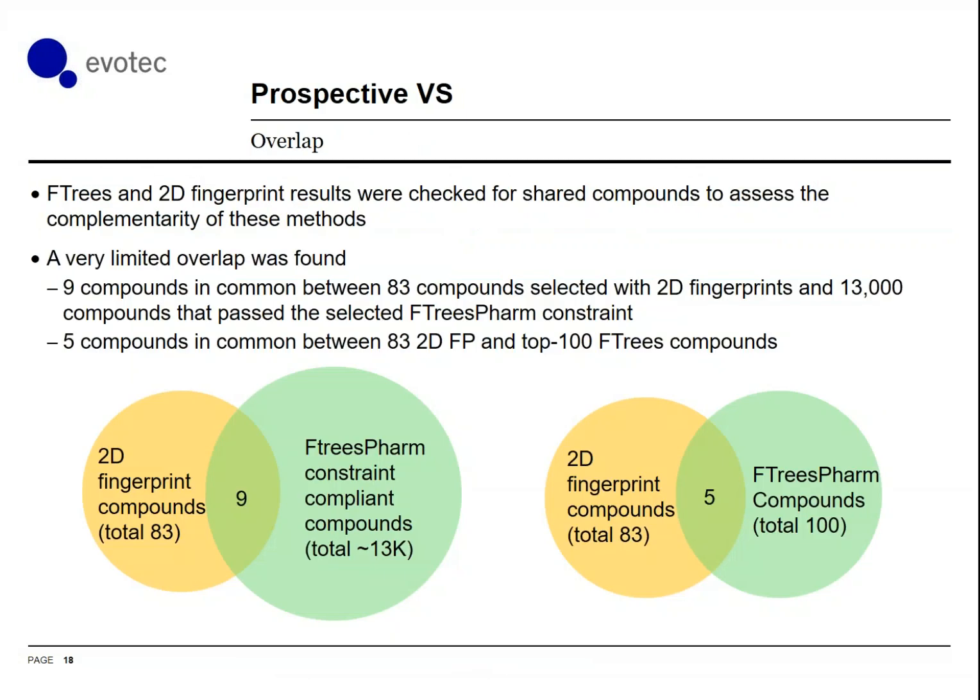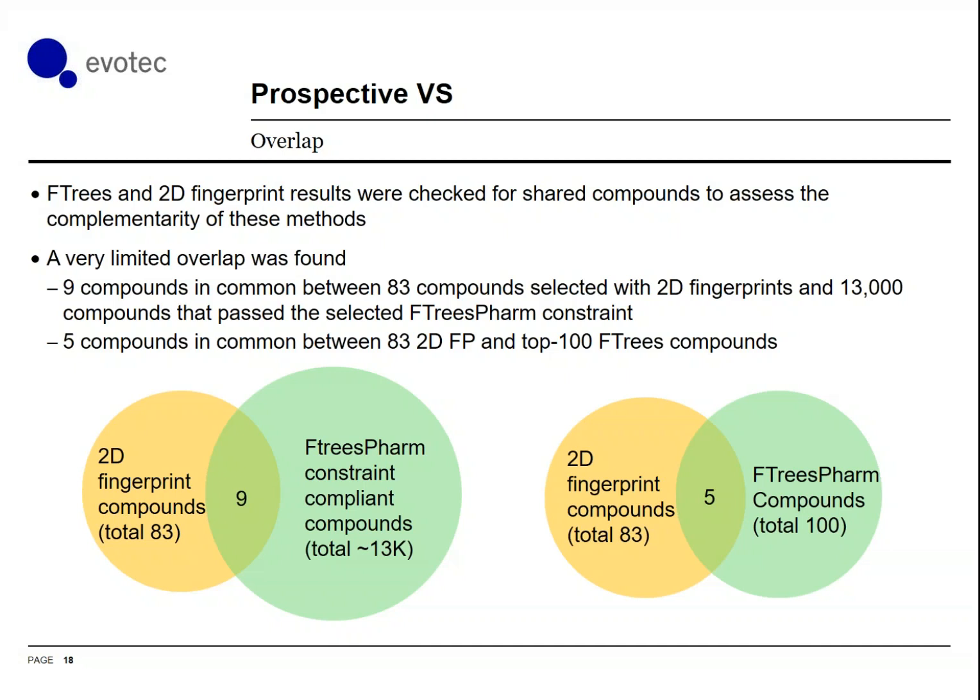And the next check that I carried out was how much those selections would overlap, so basically to have a feeling of the redundancy of these methods, if they were at all redundant.